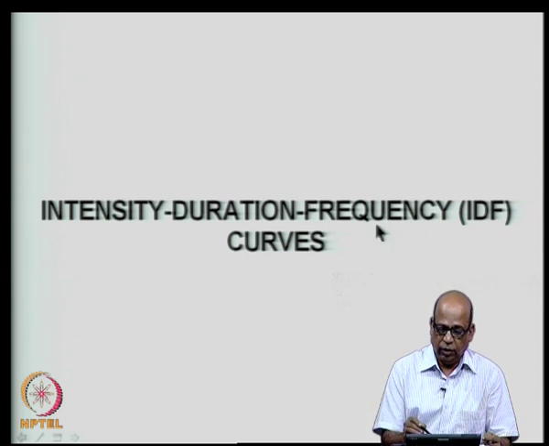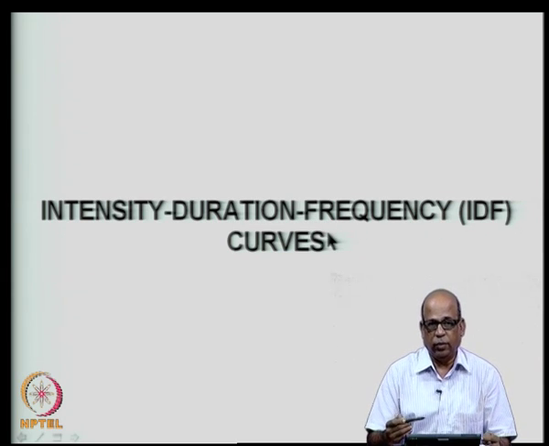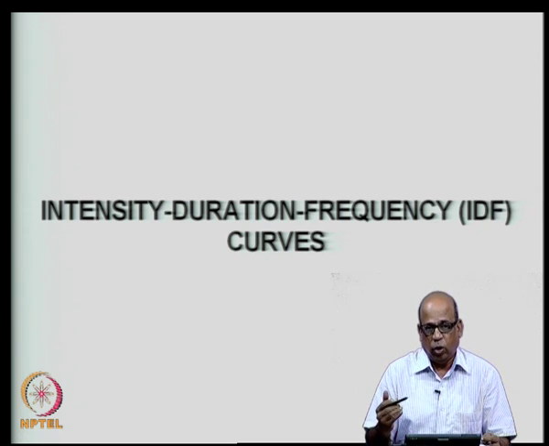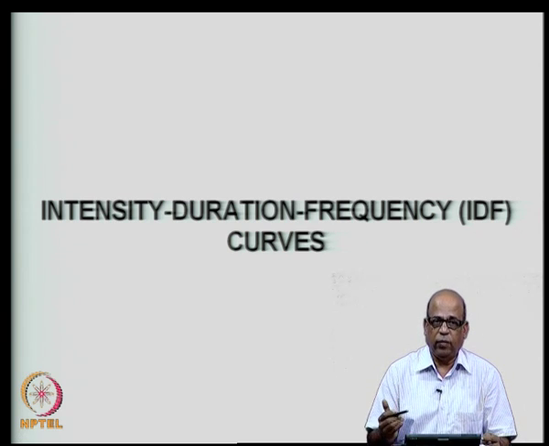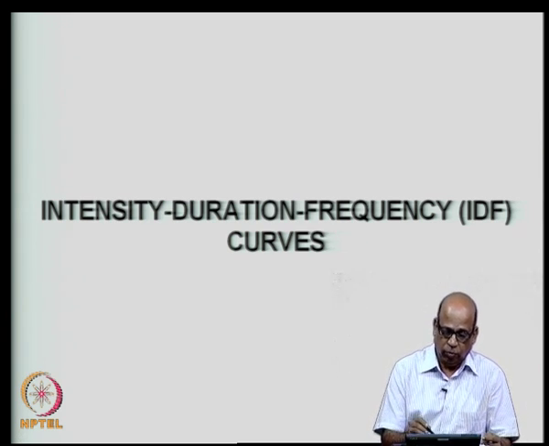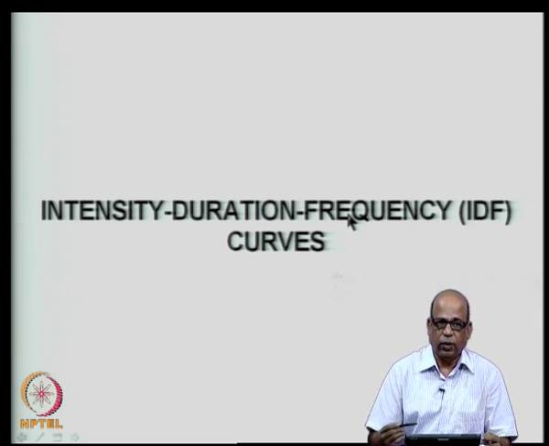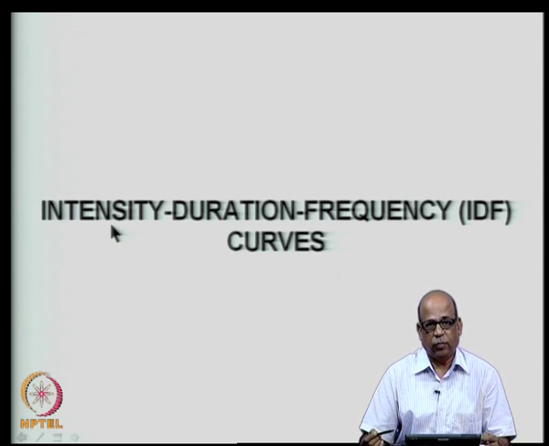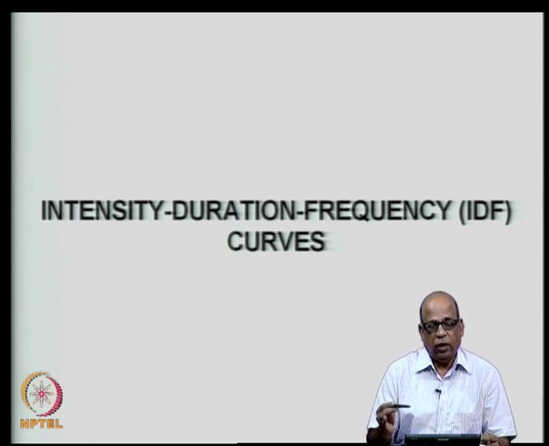and duration is typically the design duration, and frequency is related to the return period: once in about how many years this kind of event is likely to recur. So, frequency is the frequency of occurrence of that particular intensity of rainfall. All these three are related with each other.